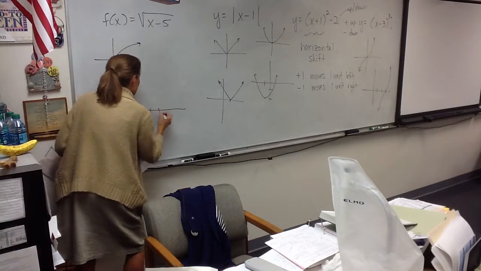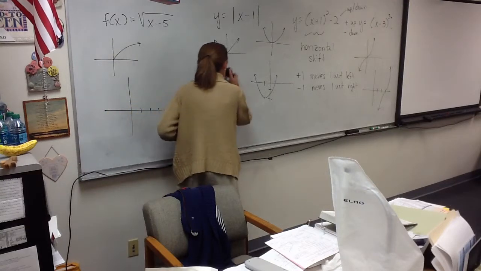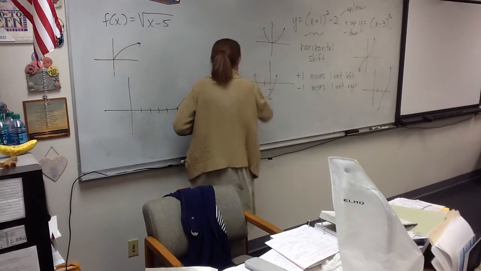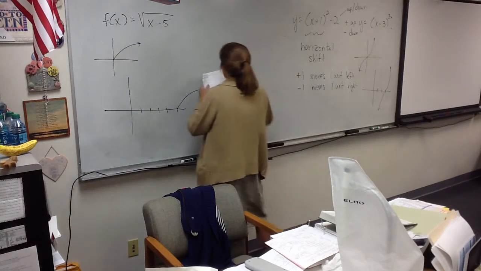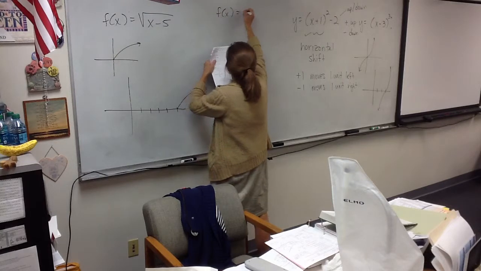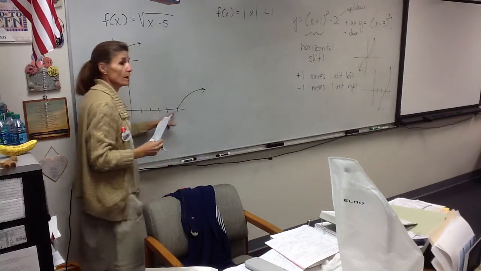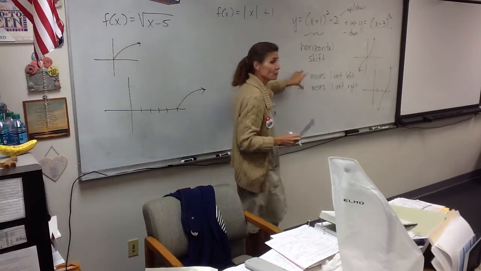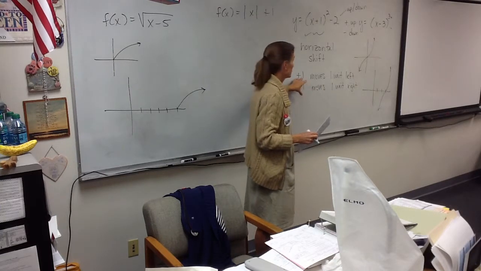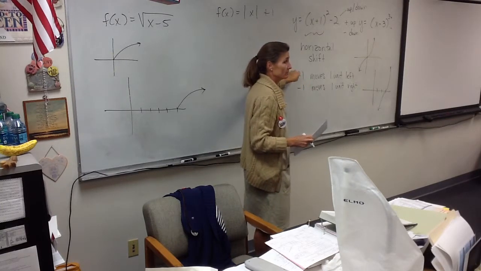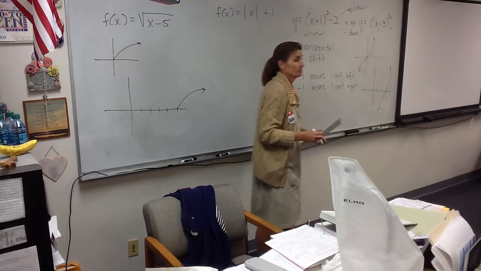This one is exactly the same thing, but it's moved over 5 units. Not -5 units? No, it's moved over to the right. We must learn this. Horizontal shift. Positive moves you left, minus moves you right.